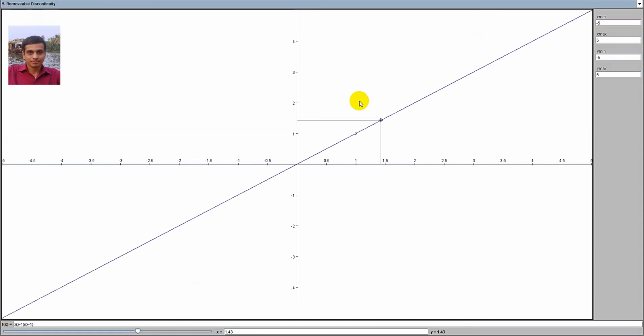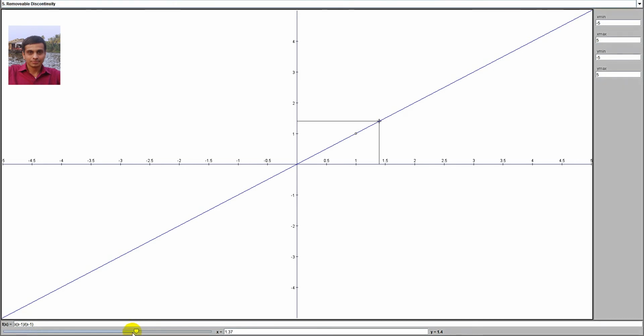Finally, we will study removable discontinuity. Here this is the graph of the function x into x minus 1 upon x minus 1. I repeat, this is the graph of the function x into x minus 1 upon x minus 1.